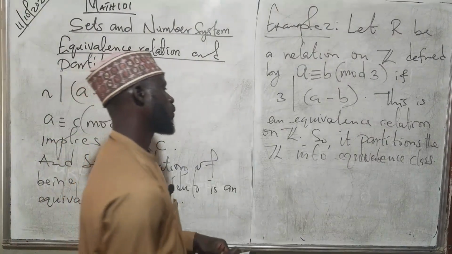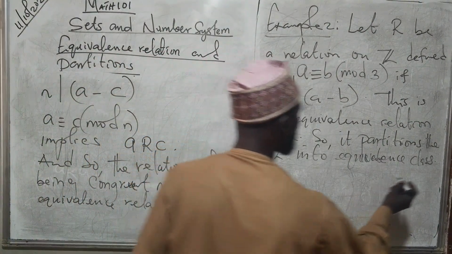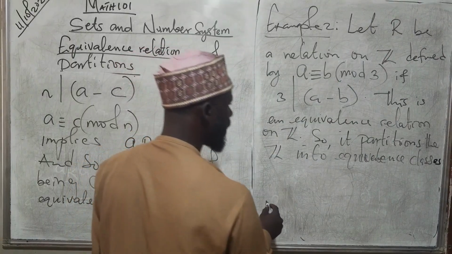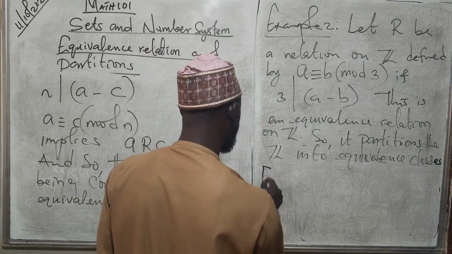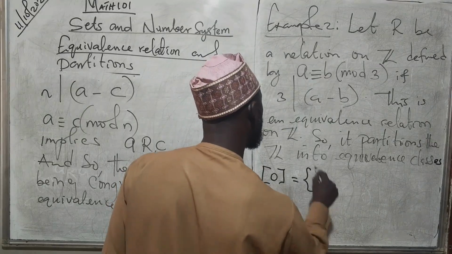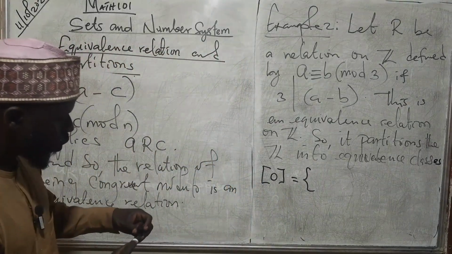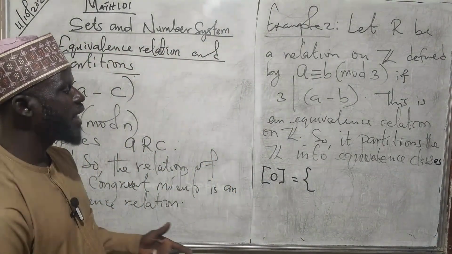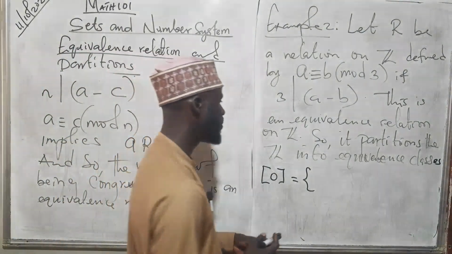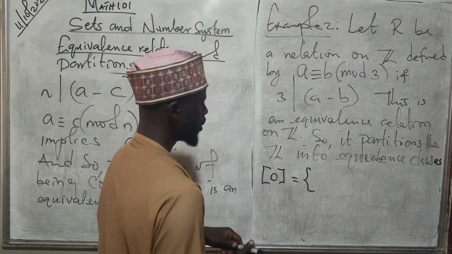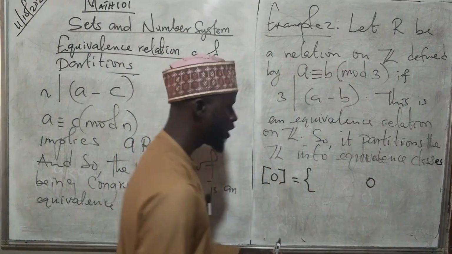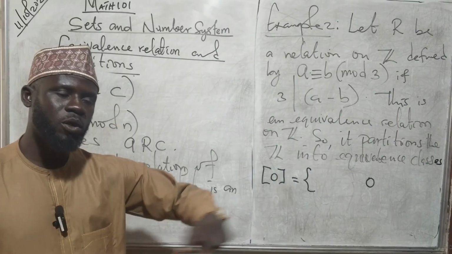So now, because we know what the equivalence class means, the equivalence class of 0 is when will a remainder 0 be seen when A minus B is divided by 3. The equivalence class of 0 will contain 0 and all other multiples of 3.